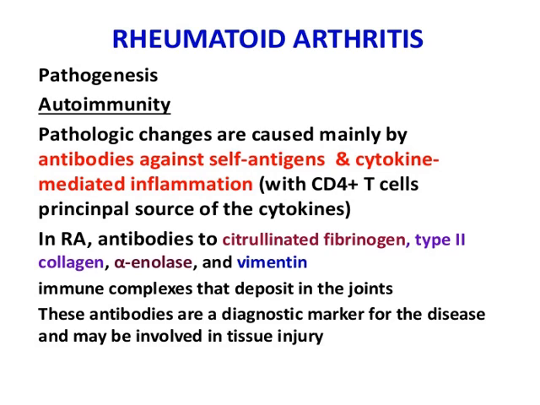In rheumatoid arthritis, antibodies develop against citrullinated fibrinogen, type 2 collagen, alpha enolase and vimentin, etc. The immune complexes deposit in the joint, and these antibodies are the diagnostic marker for the disease and may be involved in the tissue injury.